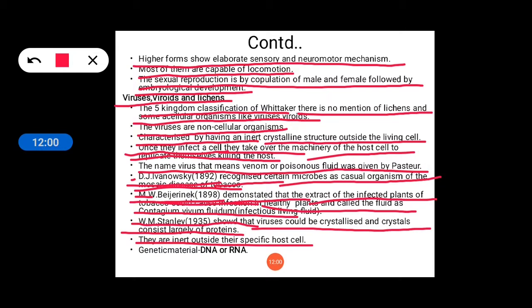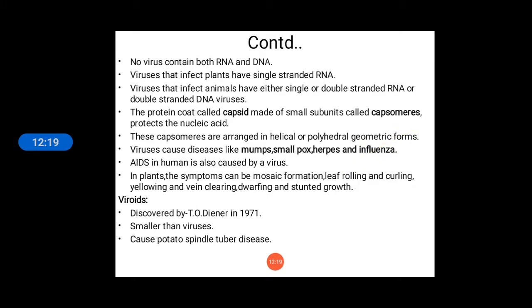The last point in this slide is that the genetic material is DNA or RNA. The genetic material present in a virus is DNA or RNA. No virus contains both RNA and DNA.